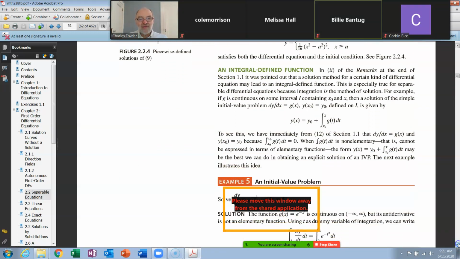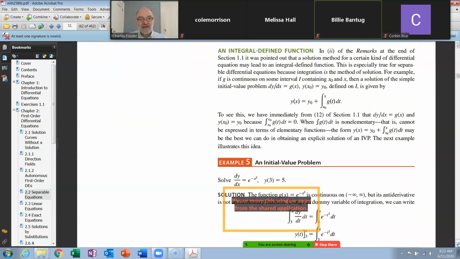Now, you have other possibilities, okay? And I think they said at the end of section 1.1 there was a remark about this. I usually tend to avoid the remarks unless they have something I know we're going to be using. You can have a perfectly simple initial value problem: dy/dx is just some function g of x, with an initial value when x equals x0, y is equal to y0, defined on some interval I, but you get down to this stage here and you cannot solve this integral.